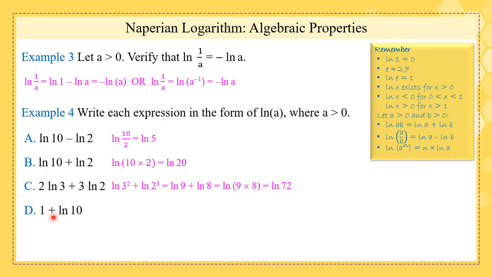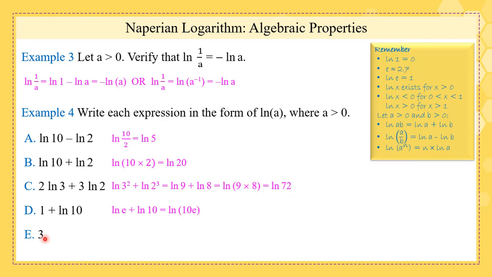Now, how do we write 1 plus ln 10 in the form of ln a, using one ln only? We have to do something here to get rid of this 1. It's also easy because we know that 1 is ln e, and if we write it as ln e plus ln 10, this is nothing but ln of 10e.